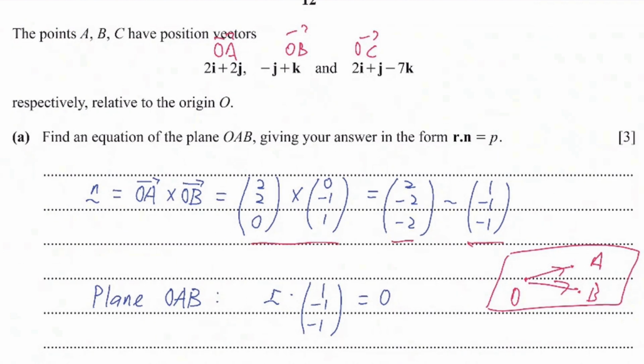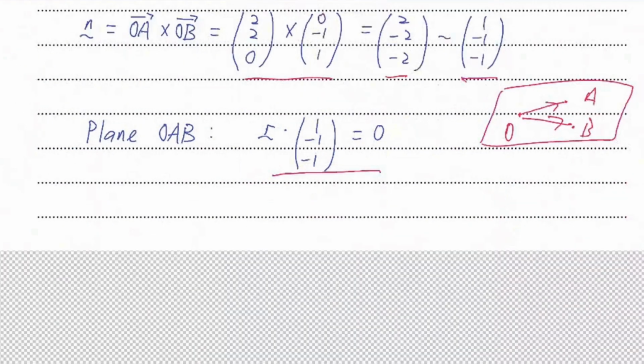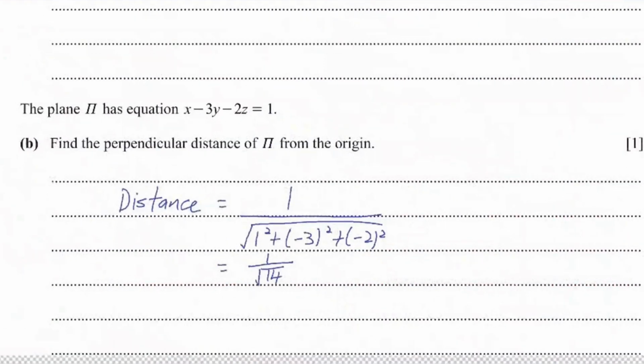Then we get a multiple of (1, -1, -1). For the equation of the plane, it's very straightforward. It's just r dot n equals 0, because this plane passes through the origin. If a plane passes through the origin, the right-hand side is surely 0. Okay? That would be part A.